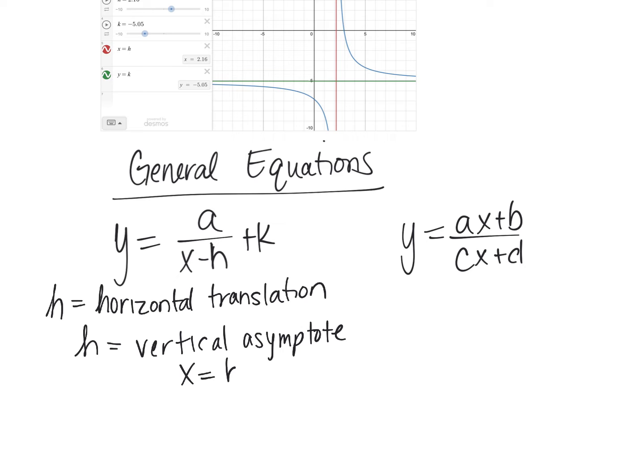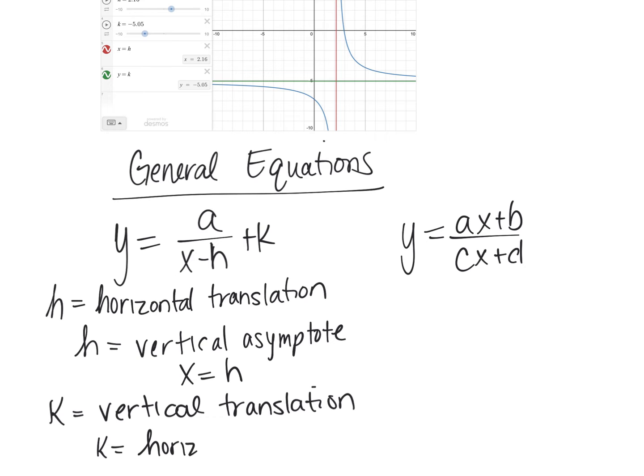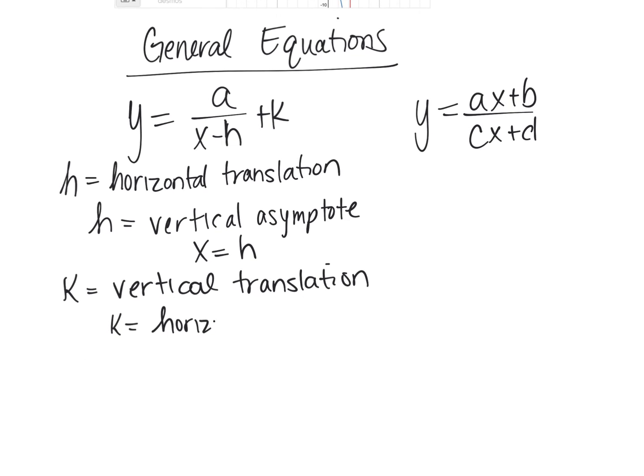The equation of the asymptote is x equals h. k is our vertical translation. It is also our horizontal asymptote.